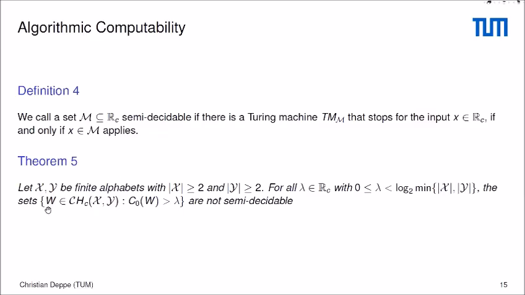Now we want to look at the set of channels such that its zero-error capacity is greater than lambda, where lambda is chosen between 0 and log2 of min of |X| and |Y|. And we showed that for every alphabet size greater than or equal to 2, this set is not semi-decidable.